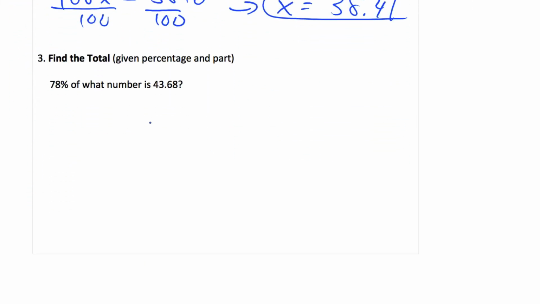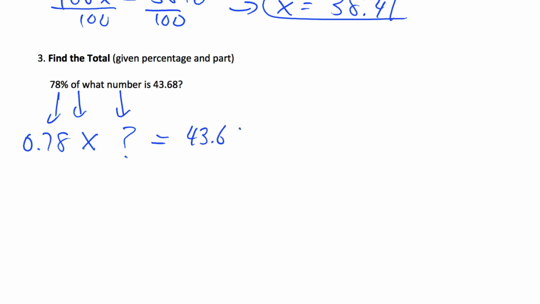The third kind of question is when you want to find the total. And a question like that would look something like this. 78%, there's the decimal for 78%, of, which means multiply, of what number means this is our total that we do not know, equals 43.68.